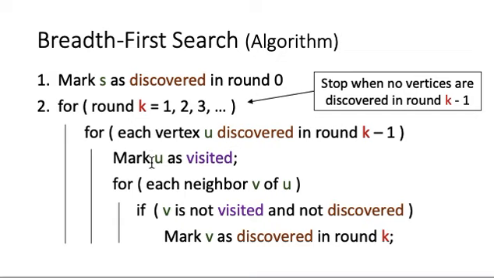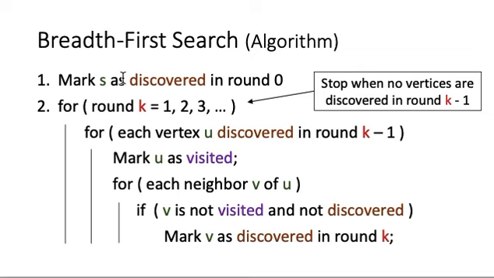When we check a certain vertex, we look at every neighbor of this vertex. If a certain neighbor is not visited and also not discovered, then this is a vertex that is unseen before. So this vertex V will be labeled as discovered in round K. This is very simple.